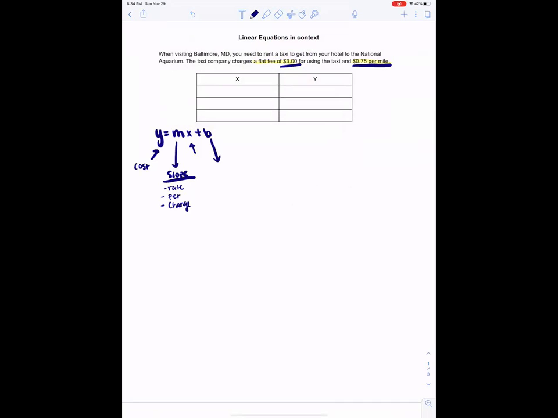Then I have a constant. My constant is my y-intercept. It uses the words flat fee, flat rate, starting position, initial. Anything that's beginning is going to be a constant.